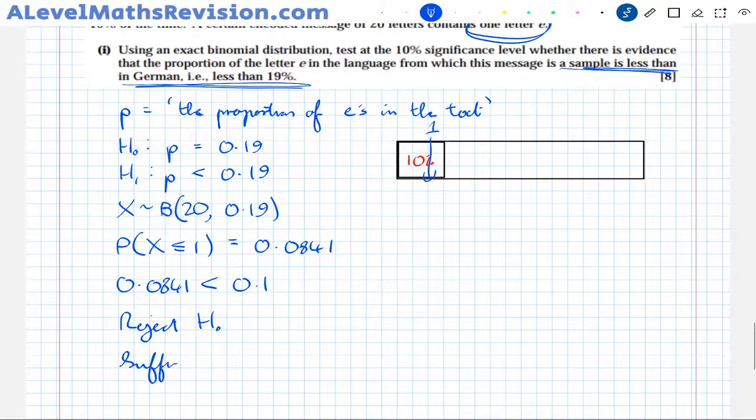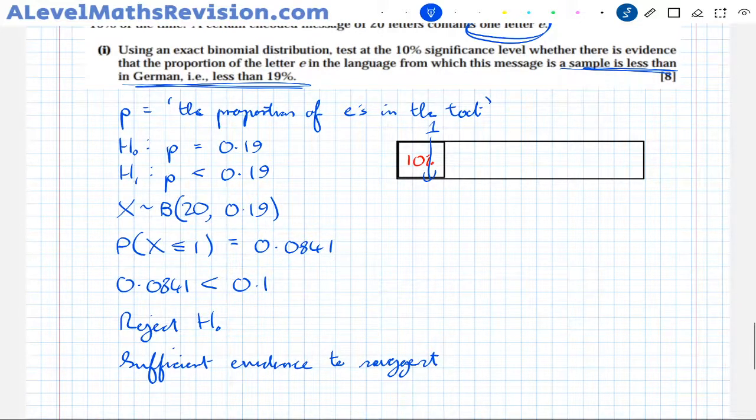Sufficient evidence. That's a key word, either insufficient or sufficient. You should use to suggest. We never prove anything with stats, we only suggest. Sufficient evidence to suggest, 4 key words that should be in every conclusion.